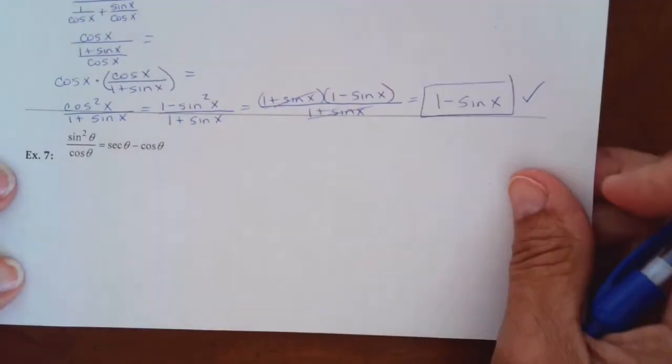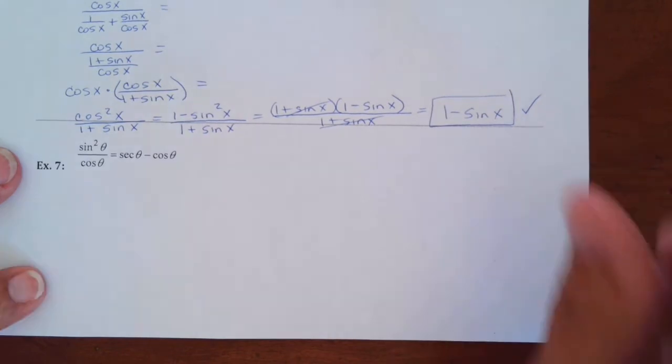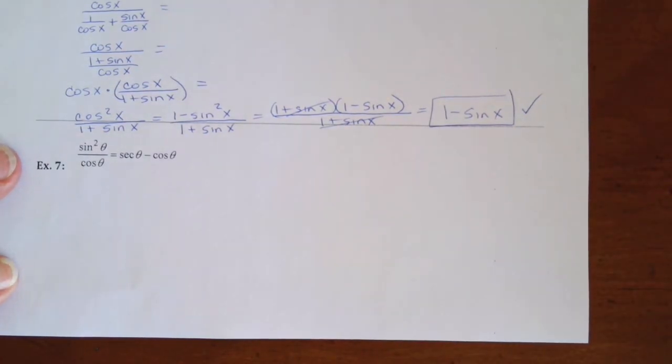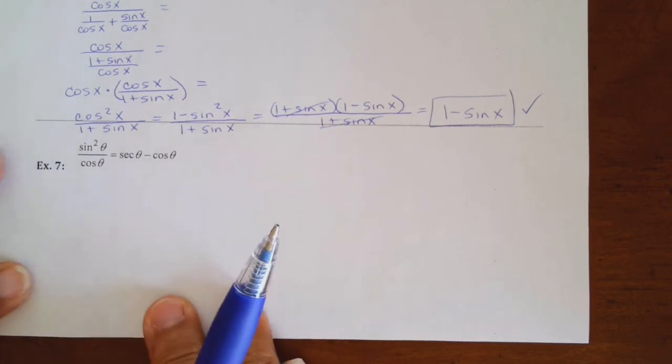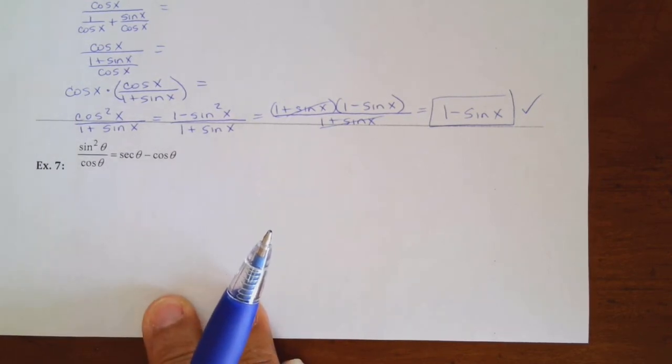All right, example 7. I'm going to do the right side on this one. I don't know if that would make it easier, but I'm thinking that the right side might be a little bit easier to try to get 2 terms down to 1 term.